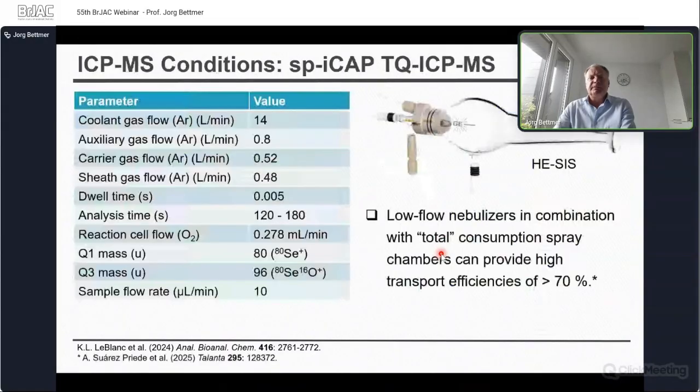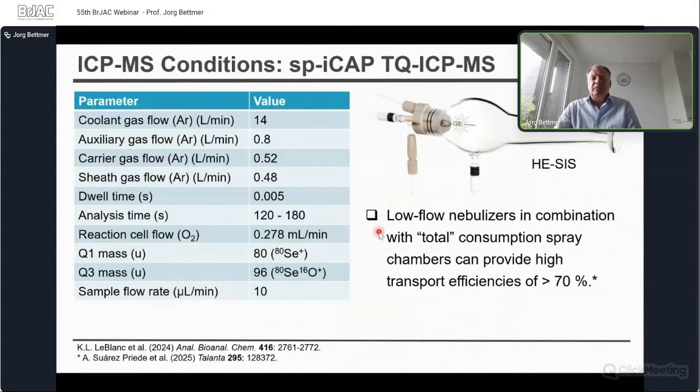And what we observed is, at that time, we switched a little bit the experimental conditions of our ICP-MS because we thought, well, these low transport efficiencies that usual nebulizer systems can provide, this has to be switched.